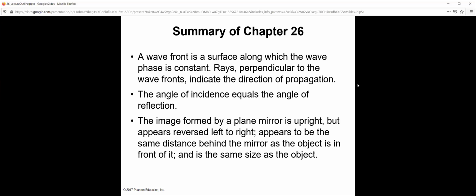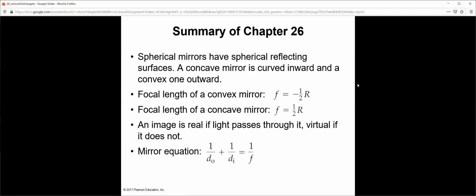A wavefront is a surface along which wave phase is constant. This is what we talked about before with the stones. Angle of incidence, angle of reflection. Knowing how those work with mirrors. How mirrors create images, how plane, convex, and concave mirrors create different images based on focal lengths and distances, following these equations shown here.